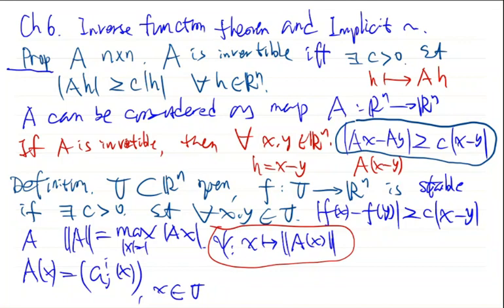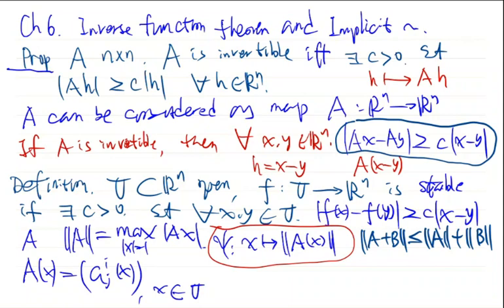We know the triangle inequality for the norm of vectors, but it is also true for the norm of matrices. That is to say, for two matrices A plus B, the norm of the sum will not be greater than the sum of their norms. The proof is very easy.